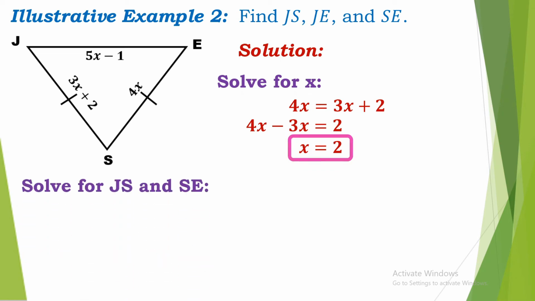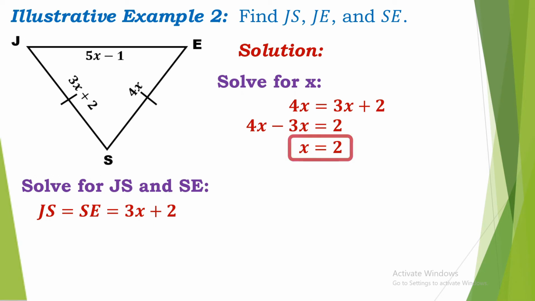Let's start with the measures of segment JS and segment SE. Take note, those two segments are congruent. So since JS is equal to SE, then both sides equal 3x plus 2, or you can use 4x.